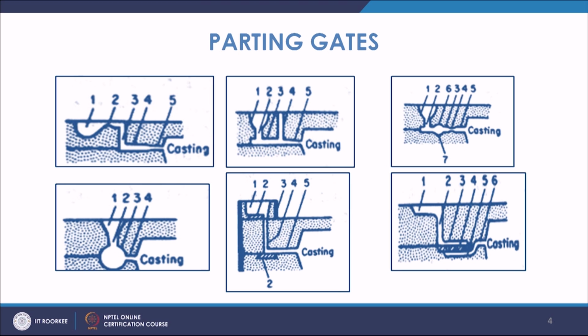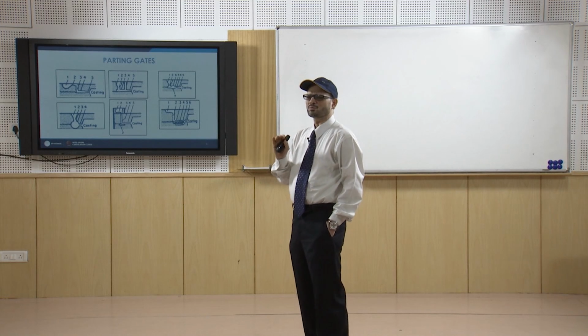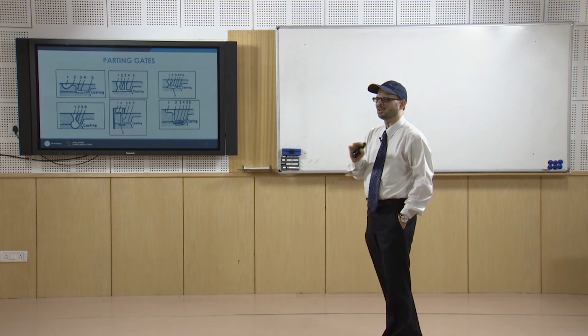Coming to this point, in this case you again have a pouring basin. The metal goes from here through sprue number 2, and from there it is a runner, and number 4 in this case is known as the relief sprue. This relief sprue is meant to relieve pressure.